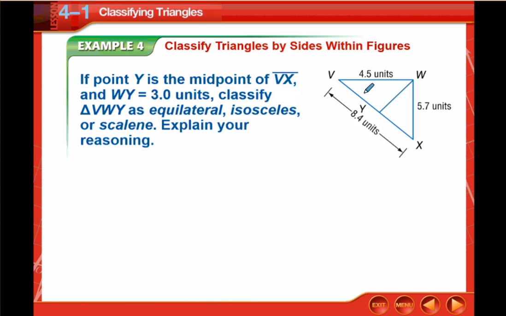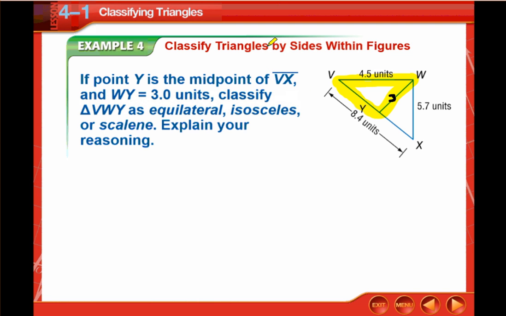Here's WY, 3 units. And we want to classify triangle VWY. So we're trying to classify this triangle as either equilateral, isosceles, or scalene.